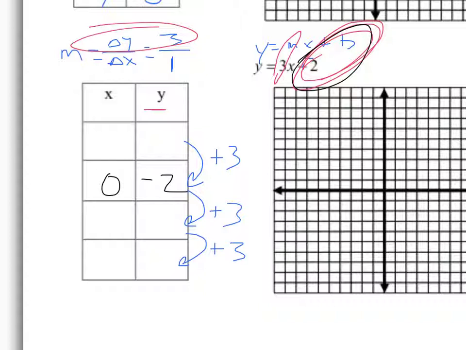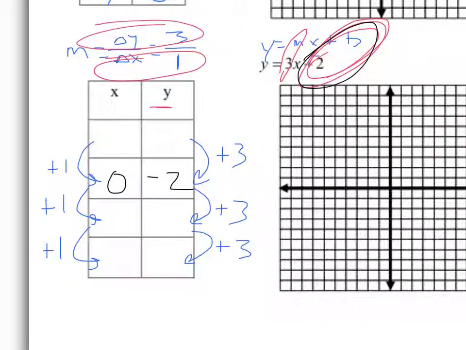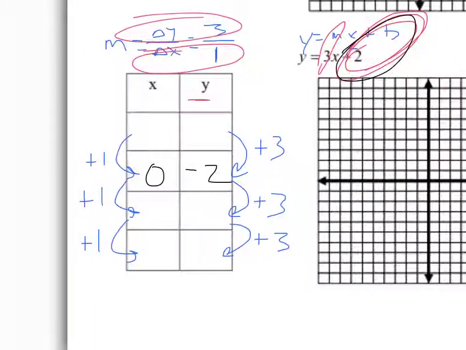And my change in x's is supposed to be adding 1s. That makes it really easy to sort out this t-chart.